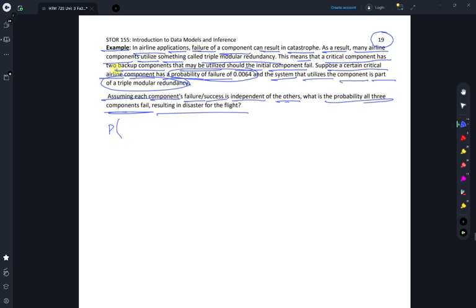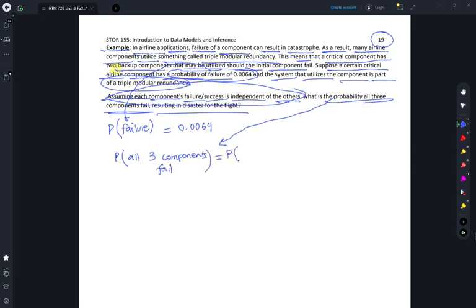The probability of failure on a single component is 0.0064. Keeping in mind that the failure or success of one component is independent of the other, we approach the question of the probability that all three components fail as follows.